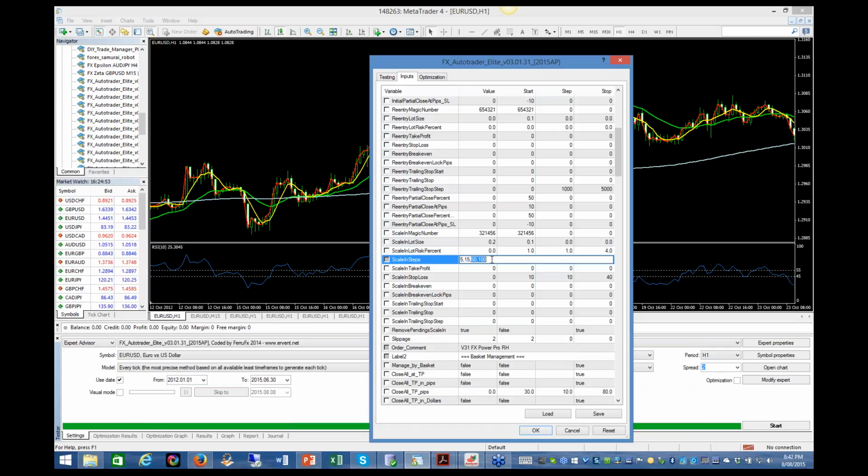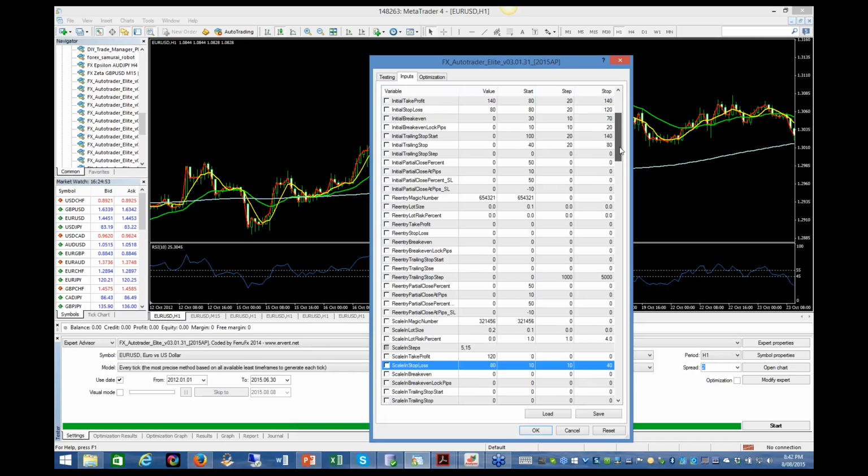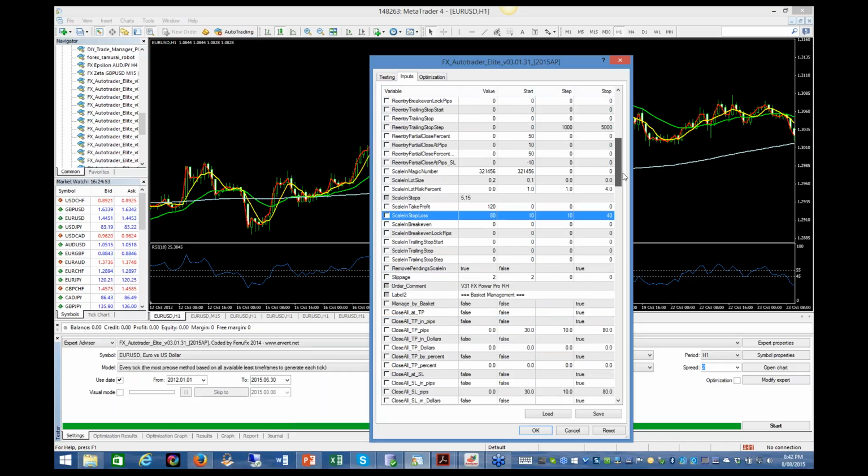And what I found in my testing was if I add an extra trade at 5 pips in profit and at 15 pips in profit, and I take profit at, from memory, it was 120 and 80. So a little bit less in profit than for our main trades because we're starting later in the trend.